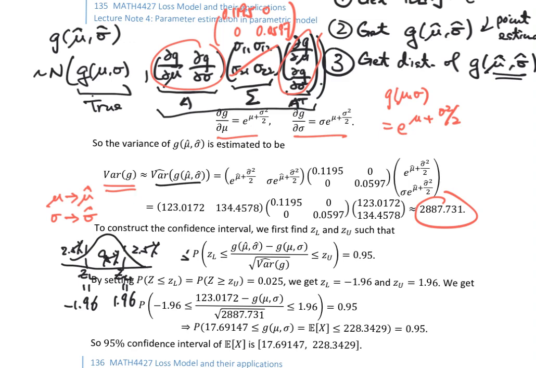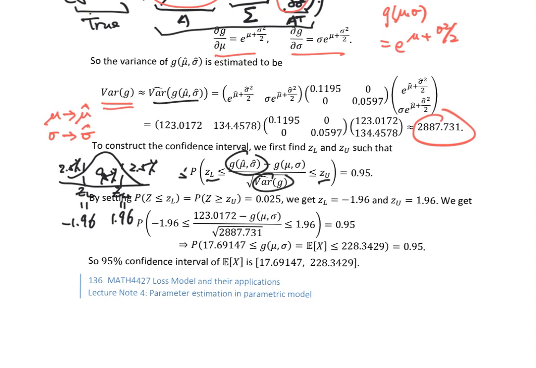Given this, you can substitute ZL, ZU, the MLE and the variance that you got, and you will get the inequality for this function G. Then you just solve for it, and G will be somewhere between 17.69147 and 228.342, and that will be the 95% confidence interval.